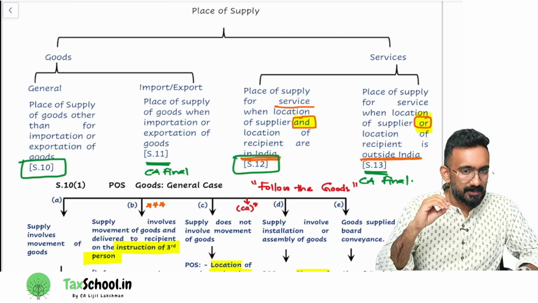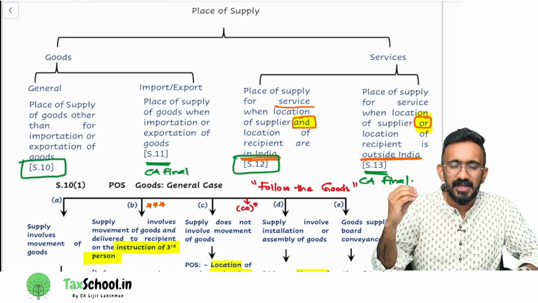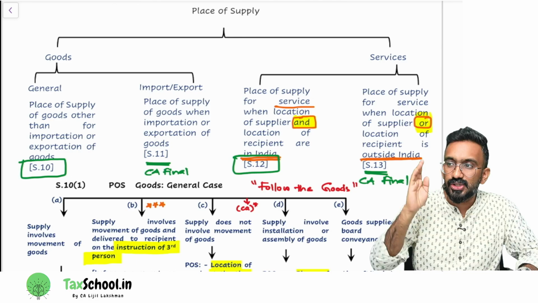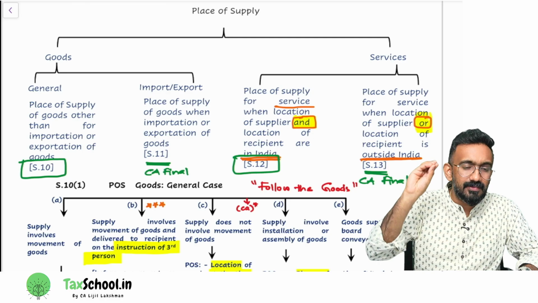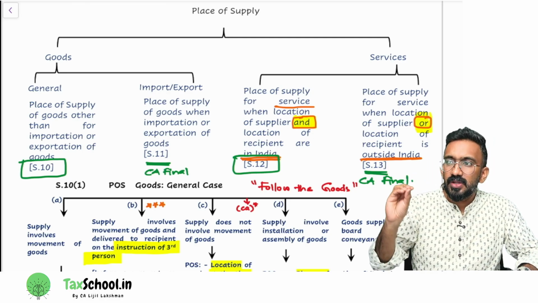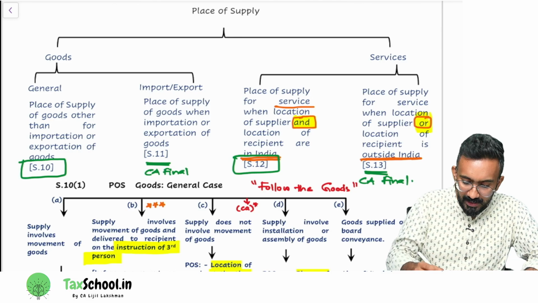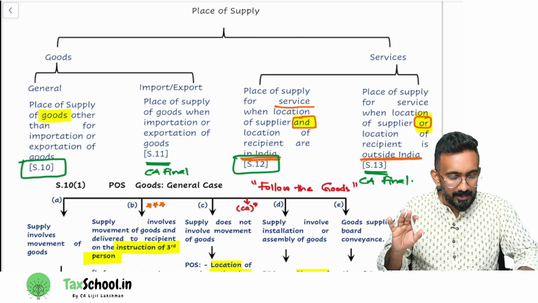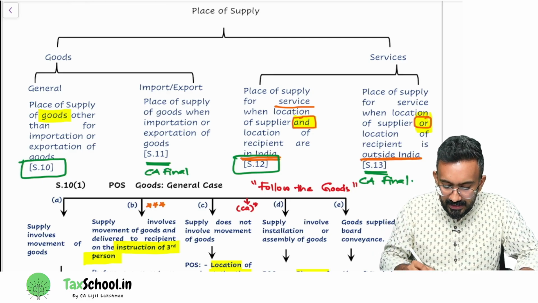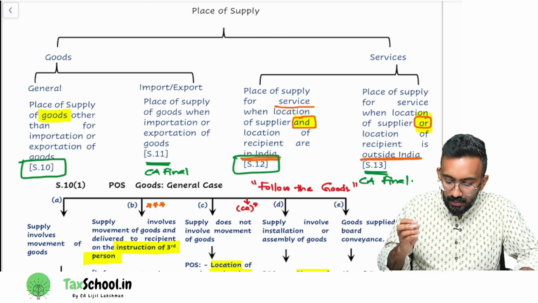For goods, place of supply is determined in IGST Act, section 10 and 11, and 11 is kept for CA Final. When will you apply section 10? When you want to determine place of supply for goods other than import and export, you will apply section 10. Services are determined under section 12 and 13. When will you apply 13?